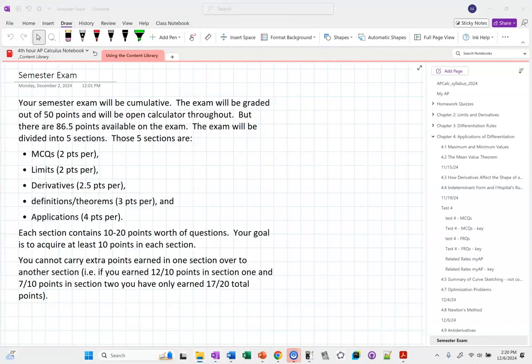As far as the application stuff goes, let's think about that. What would we see in there? So, I'll tell you, you'll see optimization. I already told you that. What's another big application problem that we've done? Related rates. You should expect to see one of those. What else?